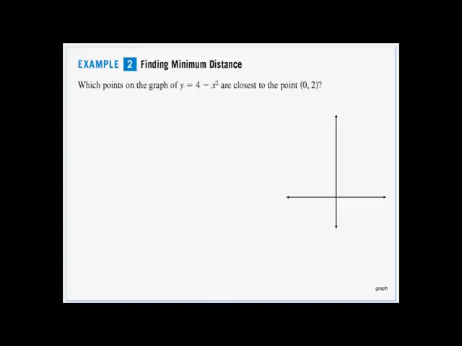Okay, here in example 2, the directions say finding minimum distance. Which points on the graph of y equals 4 minus x squared are closest to the point (0, 2)? Well, let's figure out what this graph looks like. Our x squared term is first, but it is a negative x squared, so we know it's a downward opening parabola.